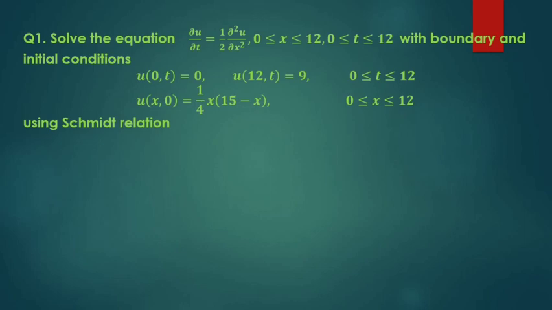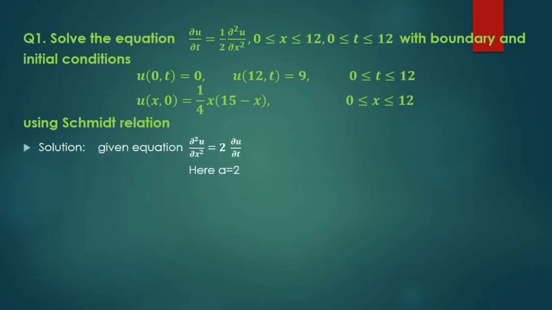With the boundary and initial conditions, u(0, t) is equal to 0 and u(12, t) is equal to 9, 0 less than or equal to t less than or equal to 12. u(x, 0) is equal to 1 by 4 into x into (15 minus x), 0 less than or equal to x less than or equal to 12, using Schmidt relation.